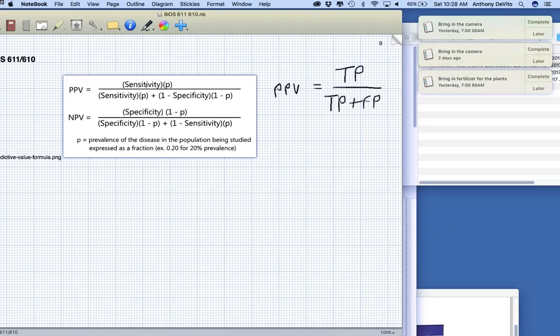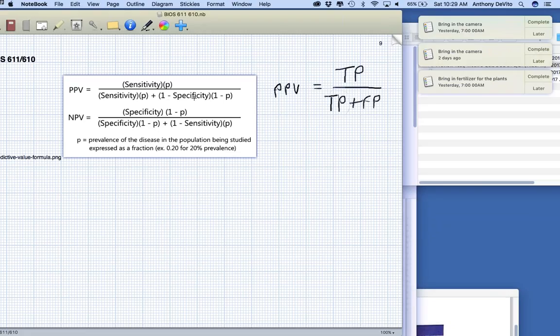The sensitivity, which is the percentage of the time that you get it right, like 80%, times the prevalence is the percentage of people that you would get true positives for. So we just repeat that there. That's true positives again. And the specificity is the percentage of people that you would correctly get a negative for.